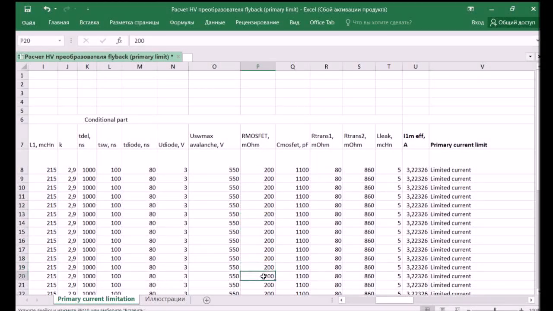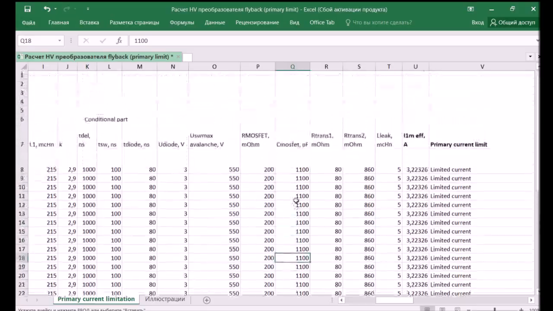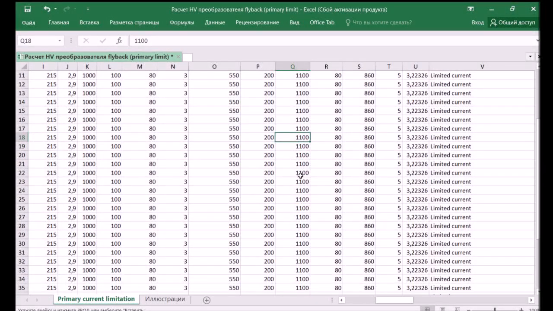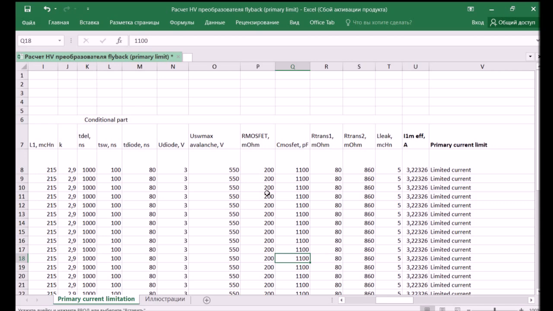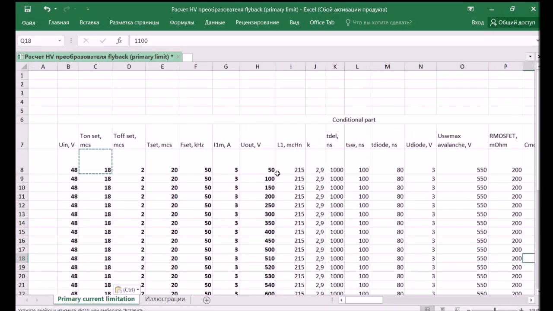Also, we can change, for example, parasitic capacitance. It is not the same at all voltages as it is here. It goes down when the drain source voltage increases in reality. So we can model it more precisely.